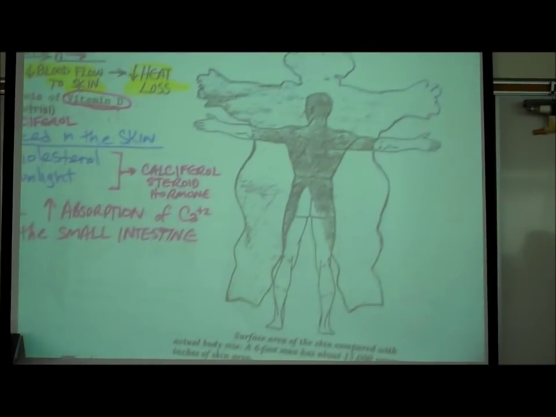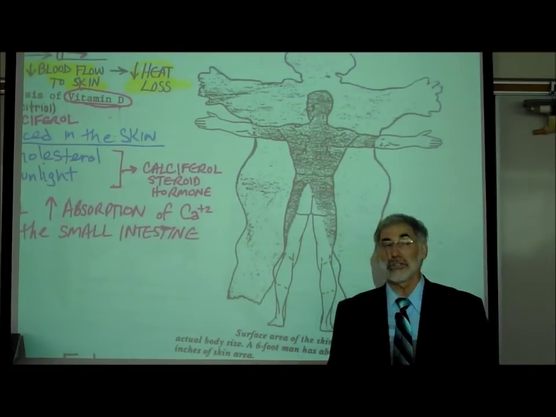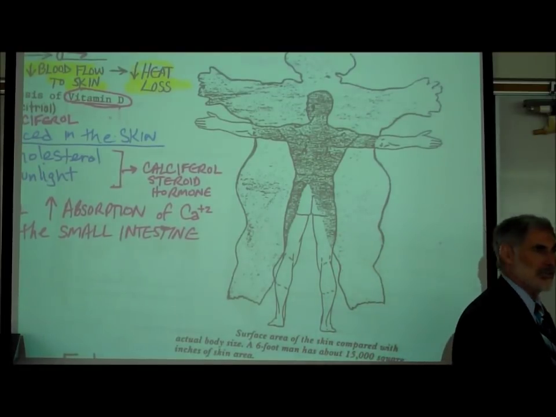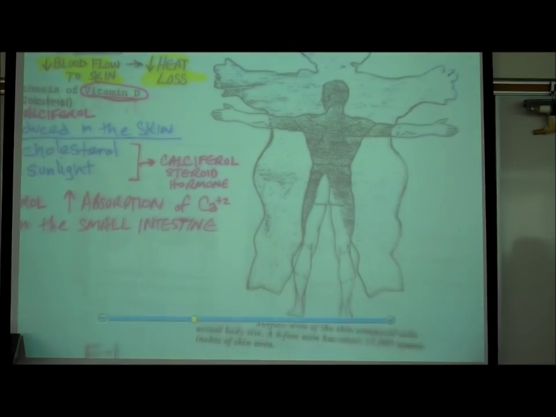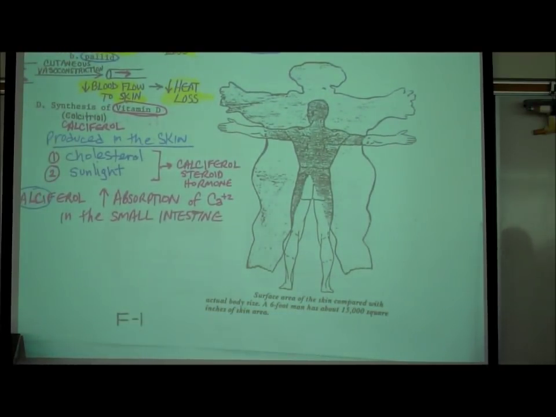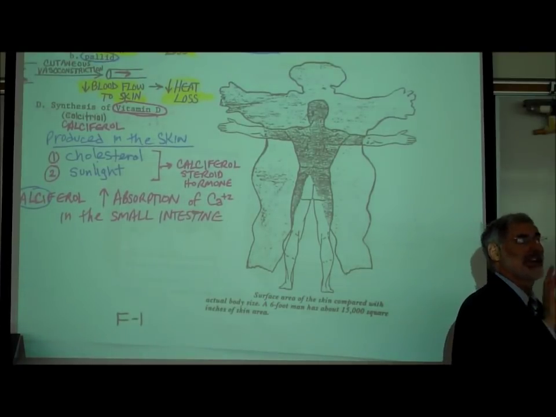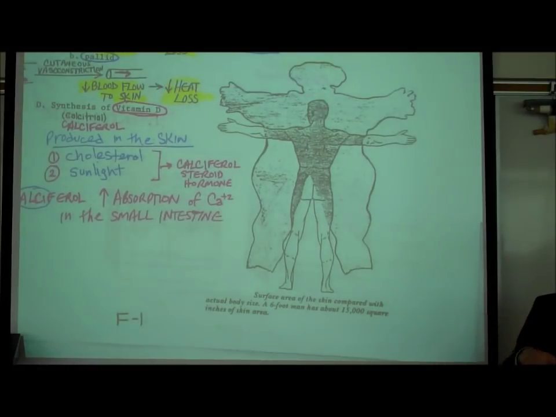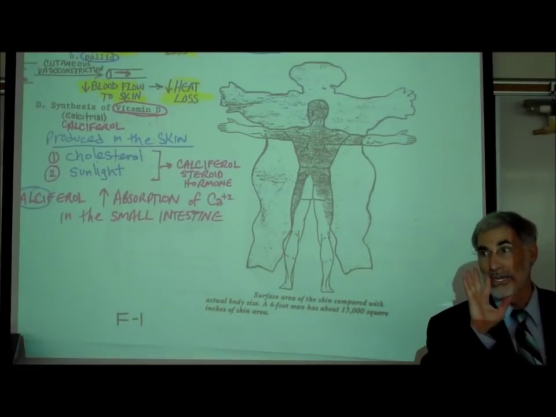Now here on the bottom right, technically the skin is the largest organ of our body. Does anybody remember, and you need to know this for the test, what's the definition of an organ? Very good. Excellent. Any structure made up of two or more tissues. Some of you are saying, when did he ever tell us that? The answer is bottom of page D1.